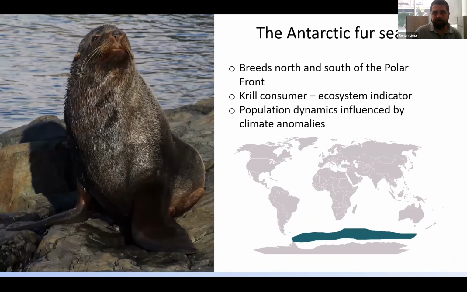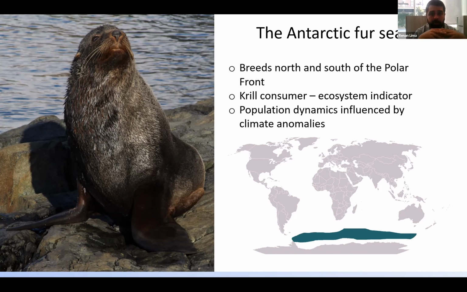So the Antarctic fur seal is an important krill consumer, and this species breeds north and south of the polar front, and the numbers of the species have been increasing as they recover from the overharvesting that happened during the 19th century. It is considered an ecosystem indicator by CCAMLR, since the proportion of fish to krill in their diet, in some of the biggest of their populations, seems to be related to krill availability in the environment.